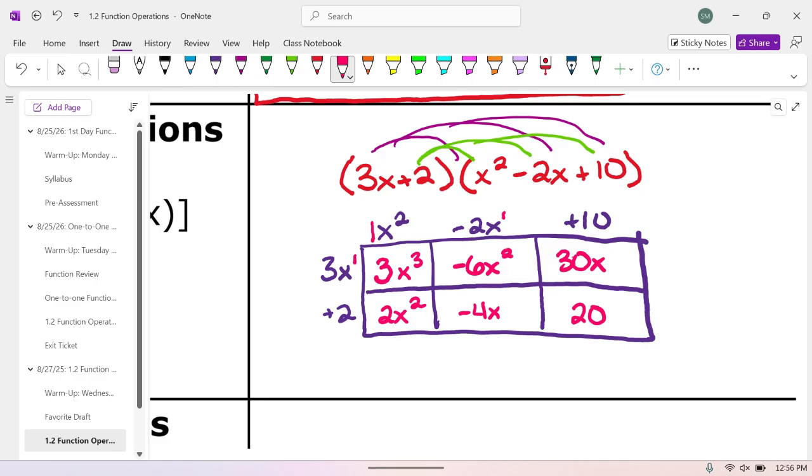All right. Now, once we got the box filled in, it's just a matter of pulling it out of the box and combining like terms. Now, if you don't want to have to rewrite all of those terms and then combine some more, to save you some paper space, a little trick that I like with box method is, and this typically is the case for almost every box method, not always, but typically your like terms are diagonal from each other.